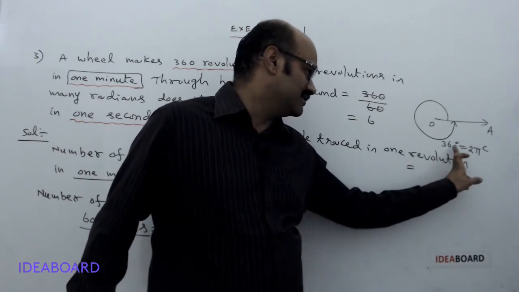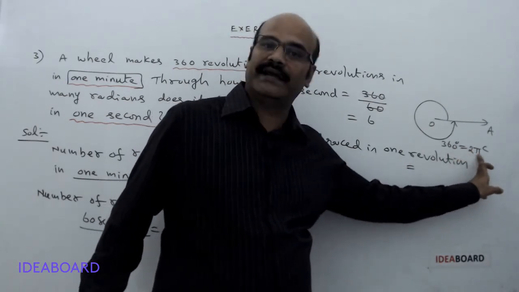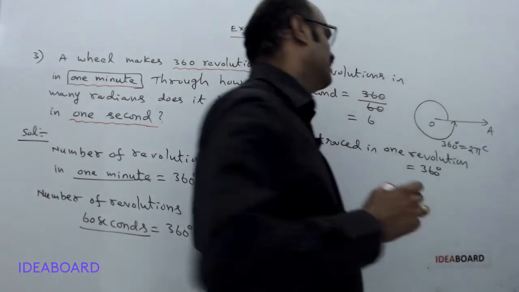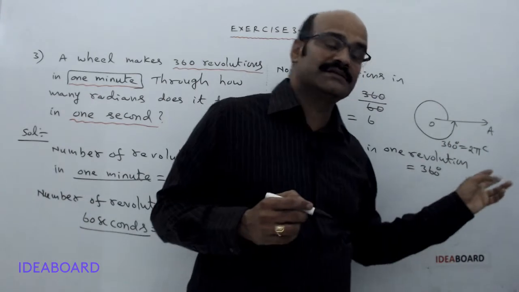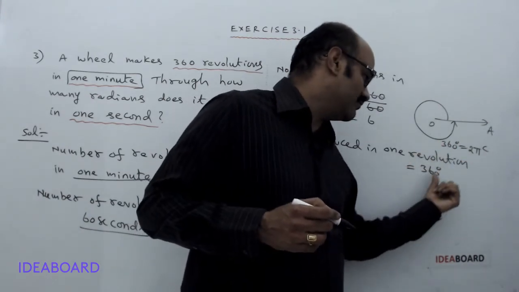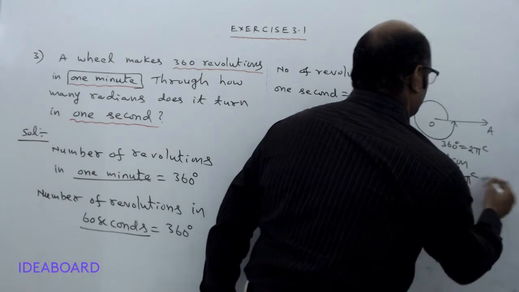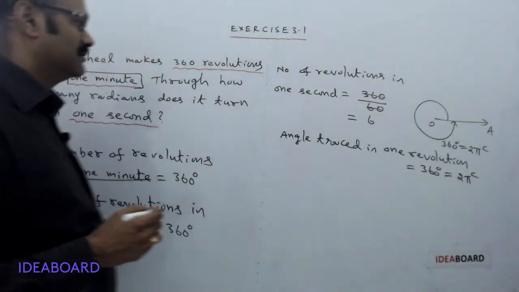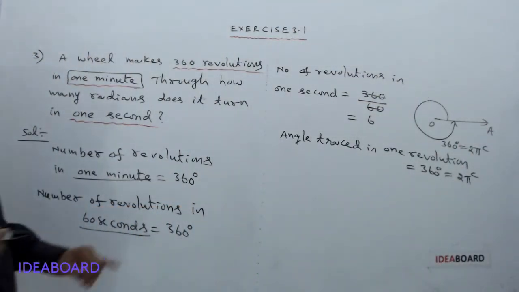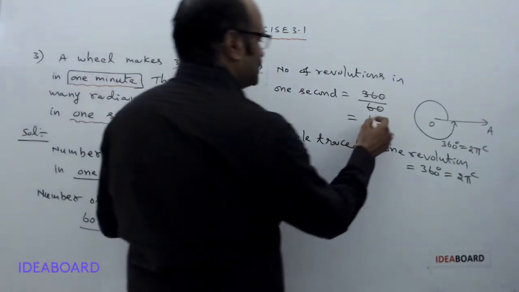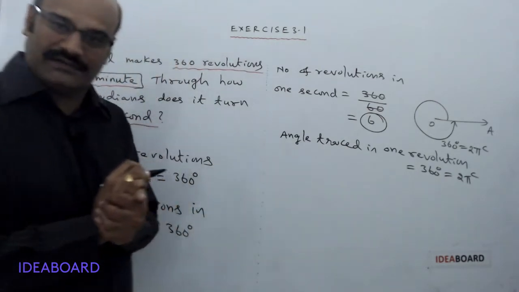So here we have to take 360 degrees equal to 2 pi radians. If it completes 1 revolution, we will have 360 degrees. If it completes 2 revolutions, it will be 720 degrees, so equal to 2 pi radians. But here it is given that in 1 second we are having 6 revolutions.